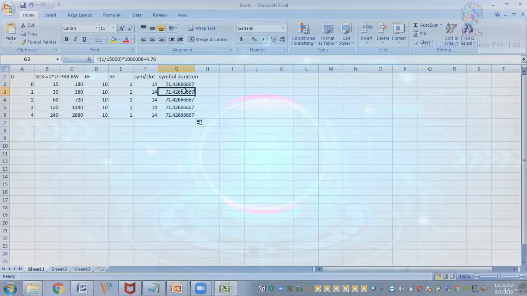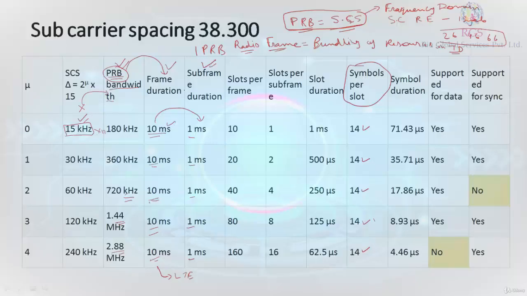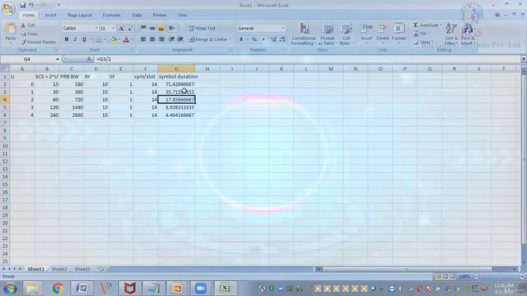Now for this case, it would become half of it. Right. So now it is same. Okay. Cool, right?